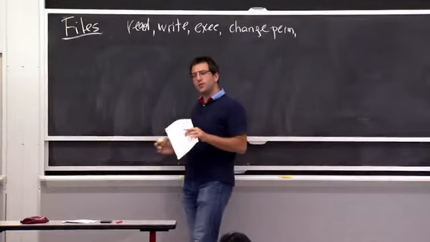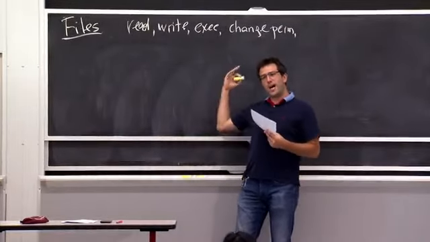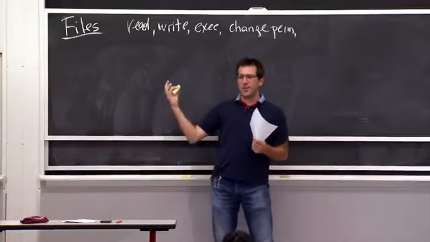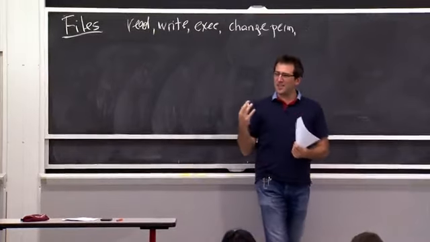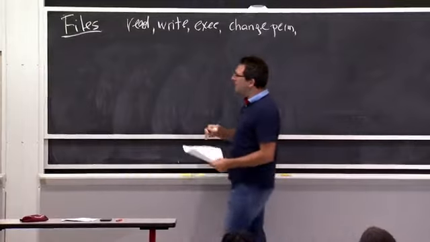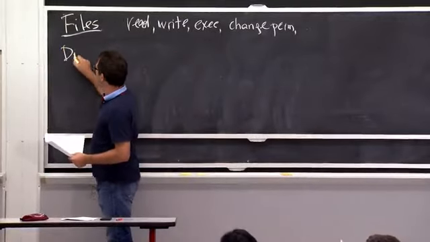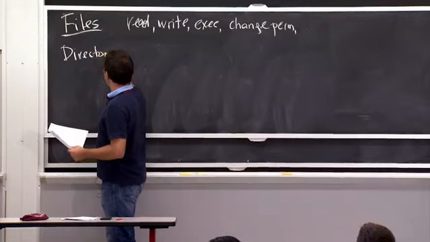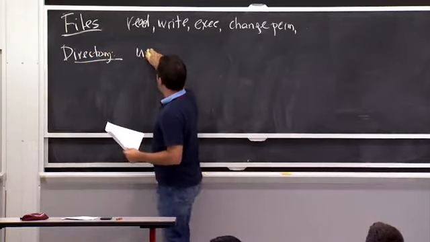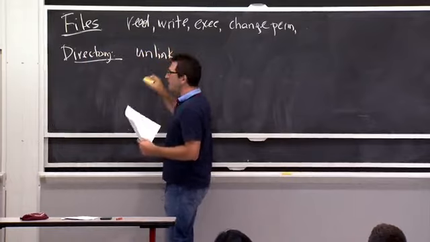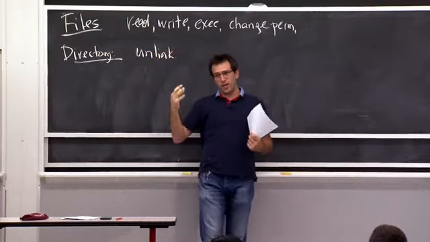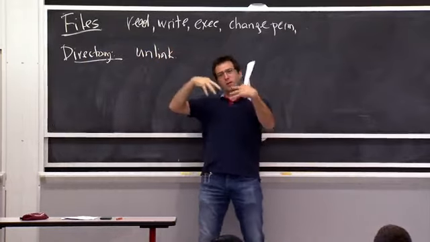Unlink? Well, is unlink a property of a file itself, or is it a directory thing? It's actually a little not clear. At least the way Unix thinks of deleting a file is that it's really a directory kind of thing. Because in Unix, a file is really an inode, and you could have multiple hard links to an inode.